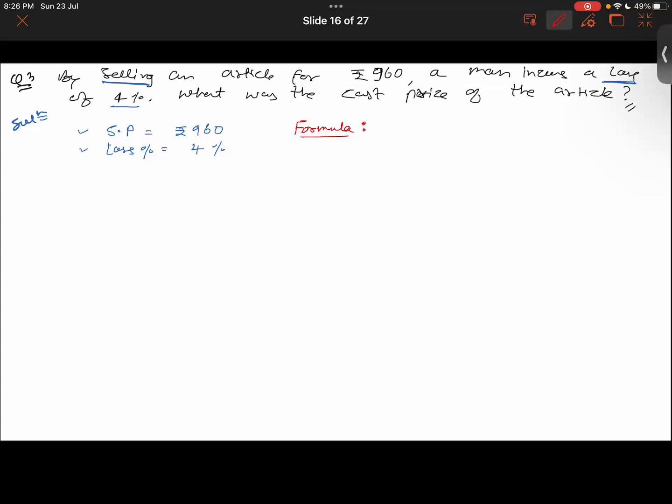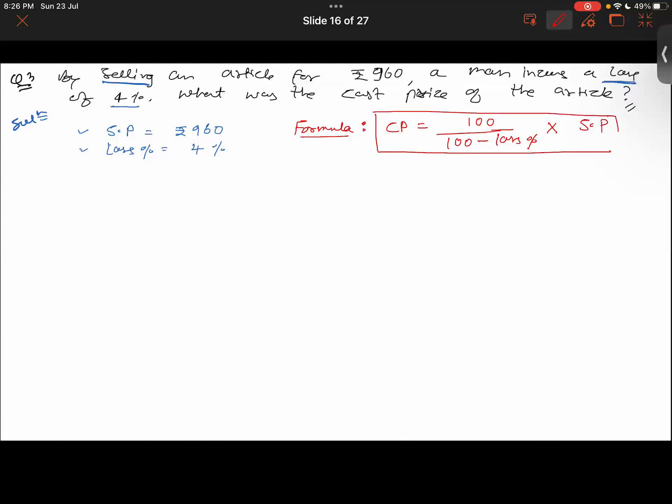Arhan, do you know? Do you remember? What is the formula? So it's 100 divided by 100 minus loss percent or gain percent, multiplied by selling price. Okay, so this is the required formula.